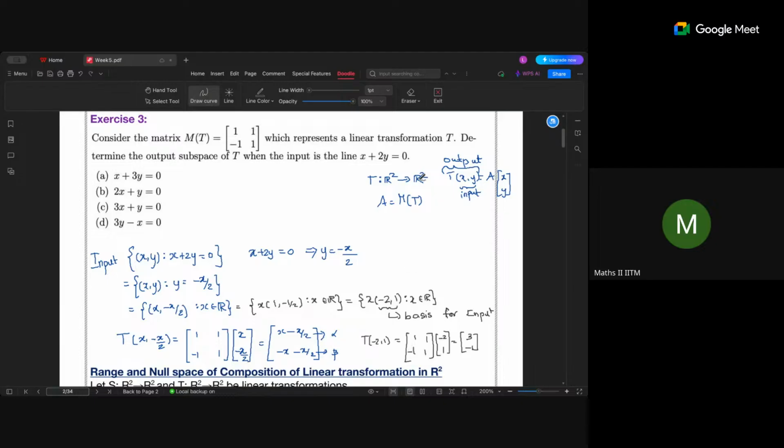Now can you tell me the answer? It's (minus 1, 3). Now can you tell for which equation this vector satisfies? Option D. See here, for the first one, maybe I use blue, the same color.